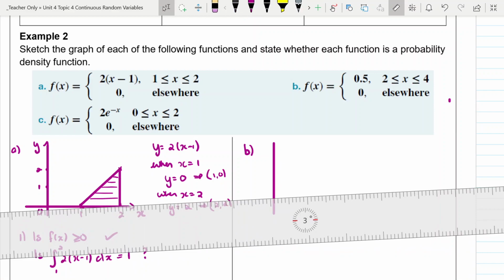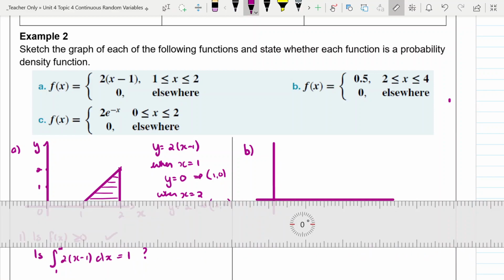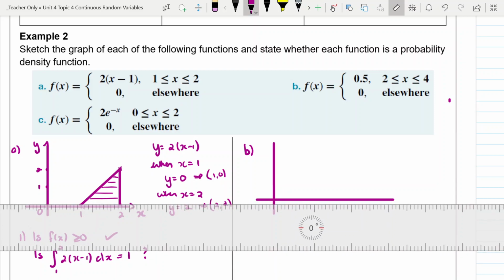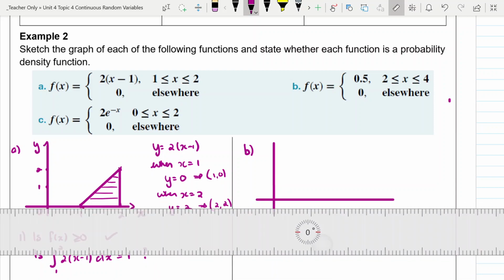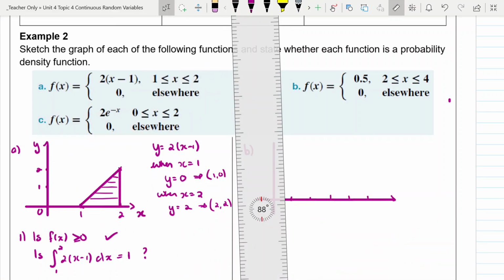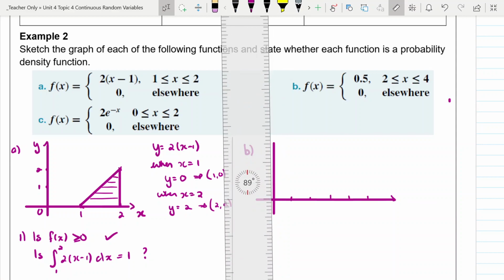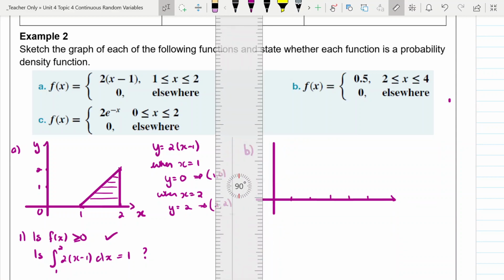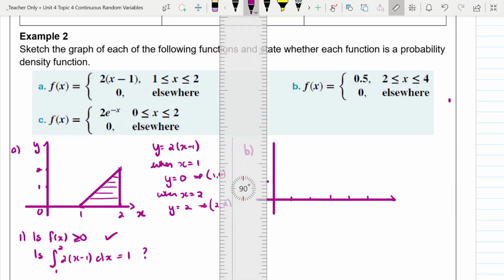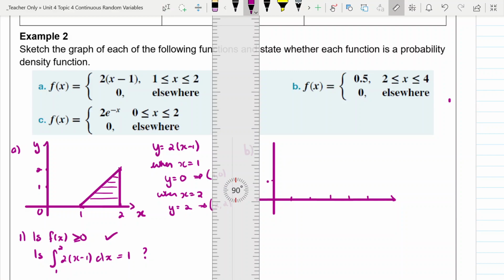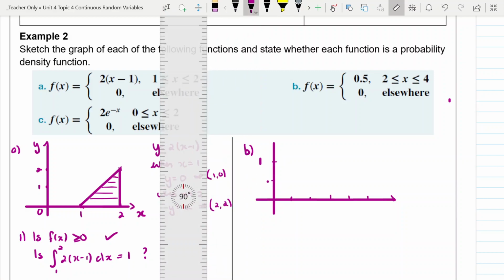Draw axes, and we're going up to 4. So we have 1, 2, 3, 4, x and y, and 0.5 on the y-axis.